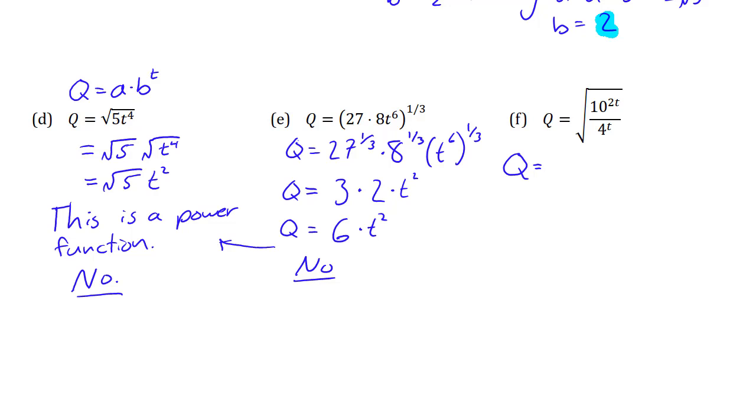I'm gonna write it as a square root here of 10 to the 2t in the top divided by a square root of 4 to the t in the bottom. Now, how can you take the square roots of these things? Well, I'm going to write the 10 to the power 2t as 10 to the power t all squared, because t times 2 is 2t.